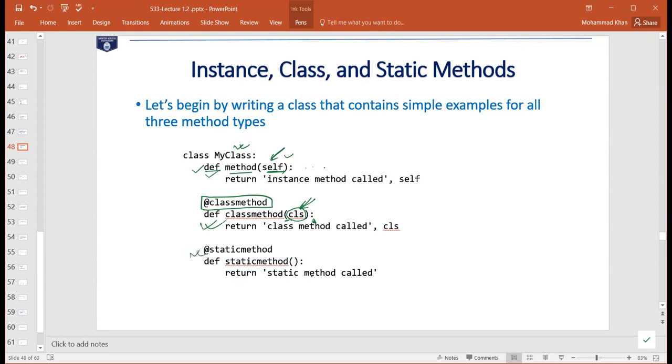And static methods don't have any this pointer because they cannot access any of the instance variables or the class variables. They are here only to use the namespace, so that we can call myclass.static_method. So it's not here for any interaction with the states of the class.